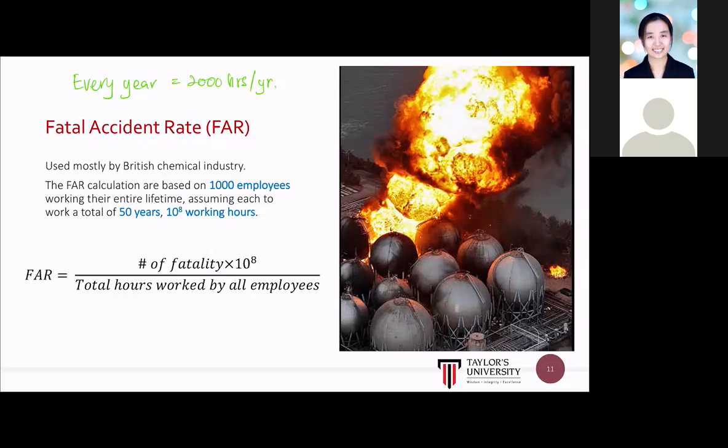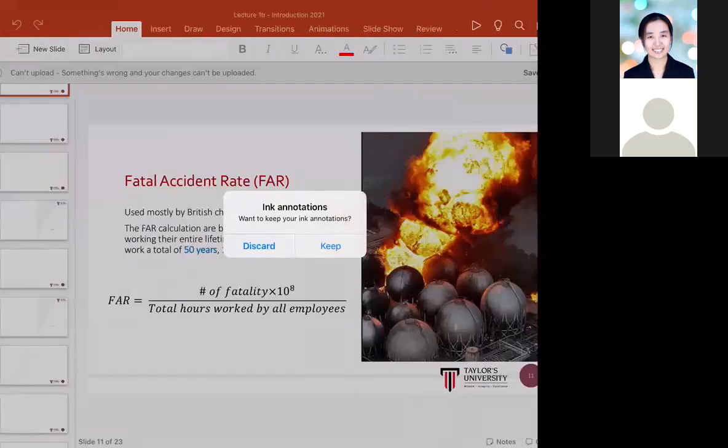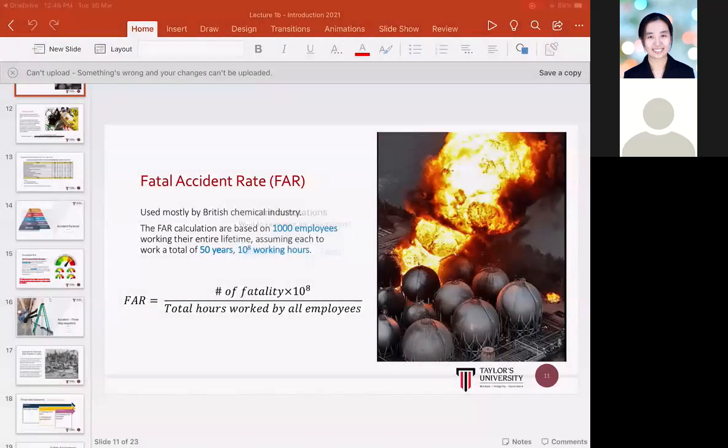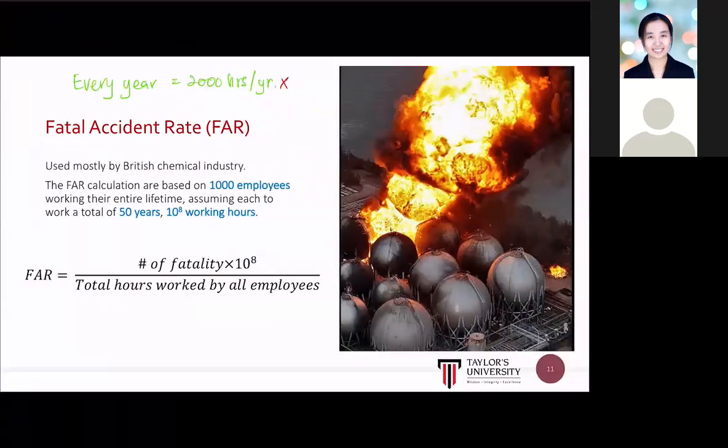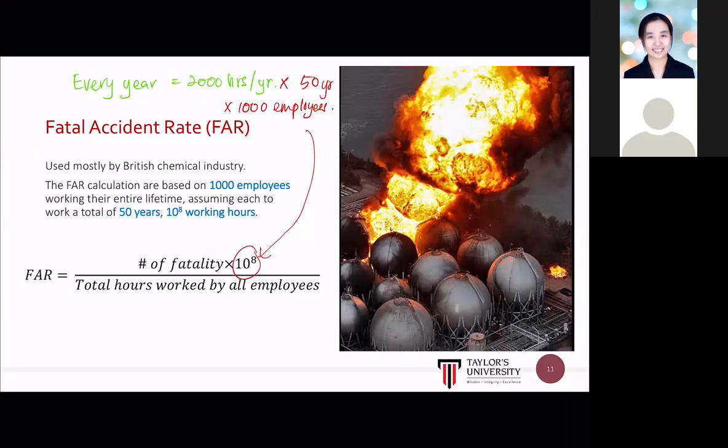You will notice that this one times 50 years, times 1,000 employees, you will get this number, 10 to the power of 8. You can do your own calculation. So that's where this number of fatalities times this value, divided by the total hours worked by all employees in that company, is the FAR value. This is how they calculate.